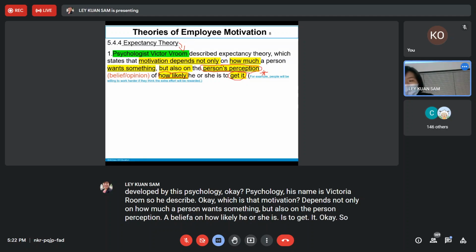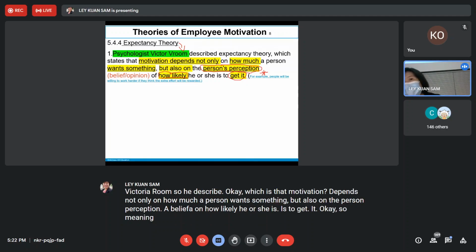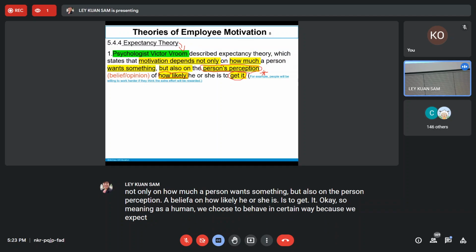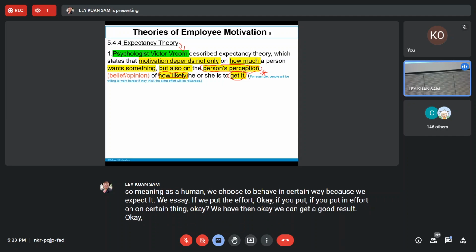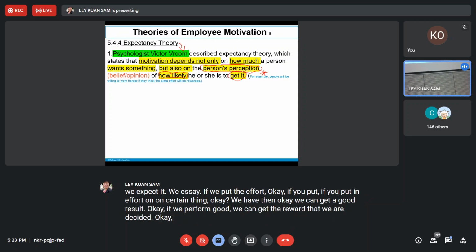So as humans, we choose to behave in a certain way because we expect that if we put in effort on a certain thing, we can get a good result, and if we perform well, we can get the reward that we desire. So this is the expectancy theory.